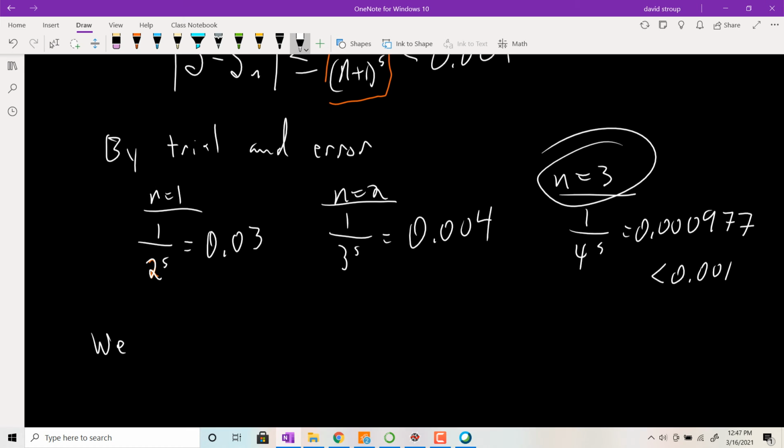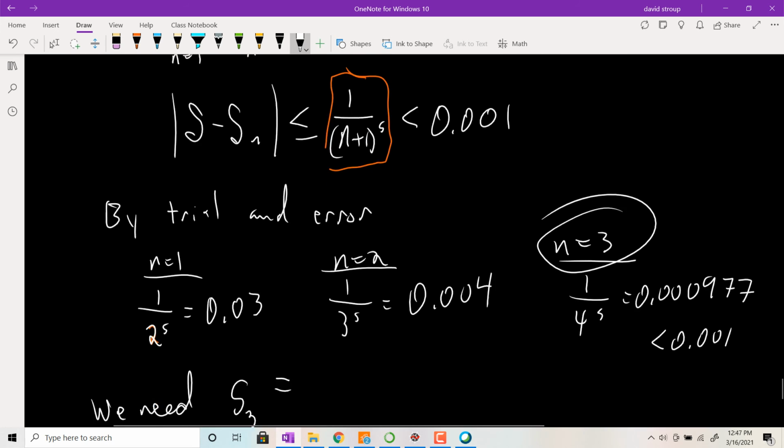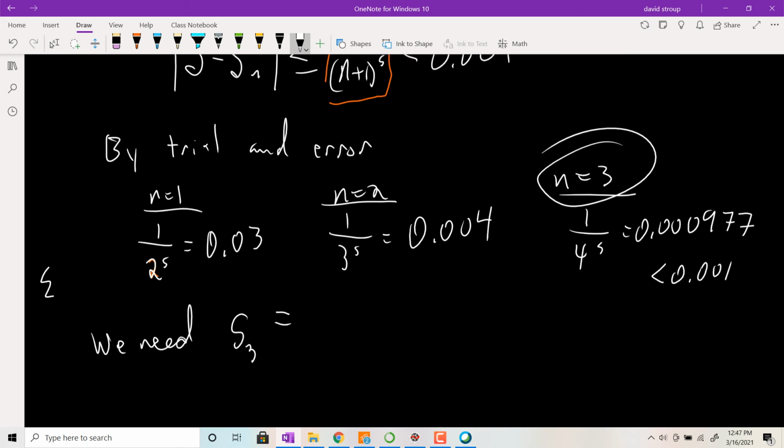So we need S sub 3, and if they ask for that, you can write it all out using the formula. The sum was (-1)^(n+1) over n to the 5th from n equals 1 to infinity.